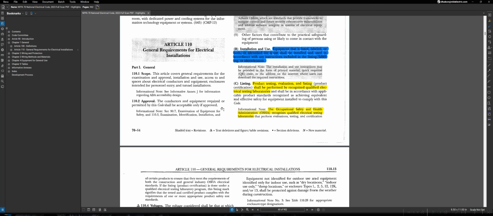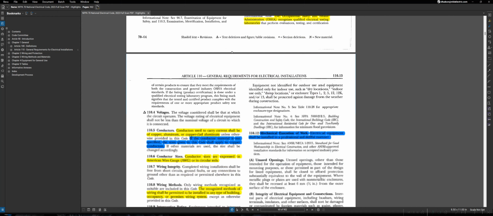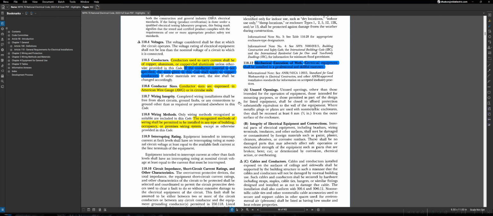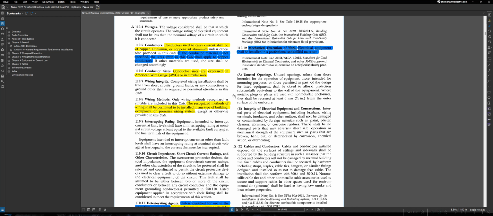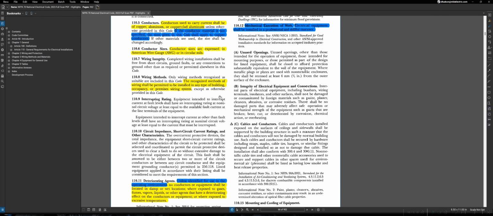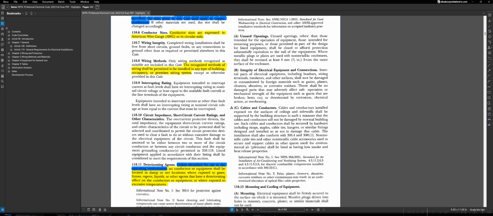It states that you have to have equipment listed and labeled by a nationally recognized laboratory, and that once that laboratory provides instructions for the equipment, you have to follow those instructions. It states that you can use copper, aluminum, or copper-clad aluminum in either American wire gauge or circular mill sizes, and that you're allowed to install those wiring methods as identified by the NEC in any type of building.